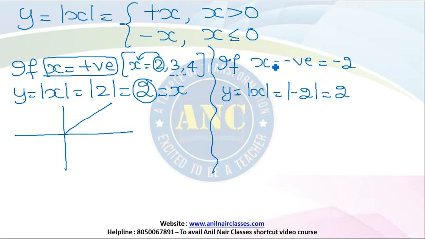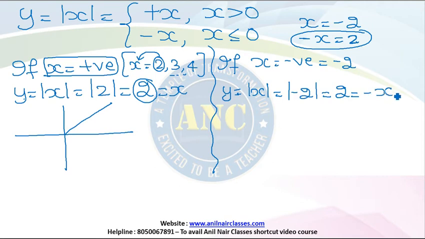Now think logically. X is equal to -2 can also be written as -x is equal to 2. That means 2 is nothing but -x. That means if the x value is negative, y is nothing but -x. And I already taught you the y is equal to -x graph will be like this.